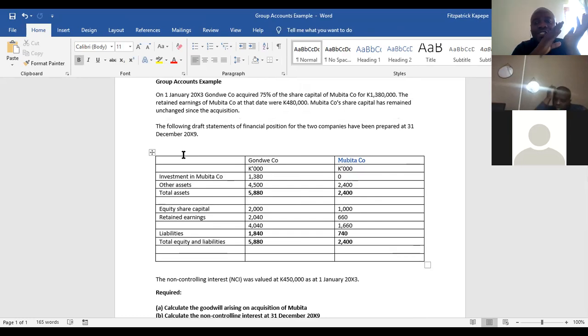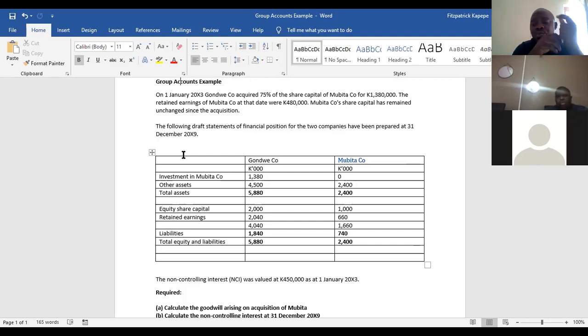Then we also need to know what was the NCI at acquisition. So definitely it should be 25% of the pre-acquisition assets in the subsidiary, in this case Movita.